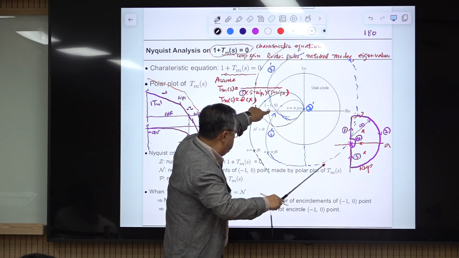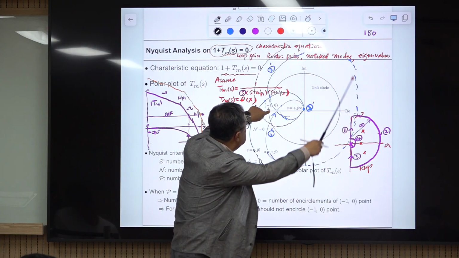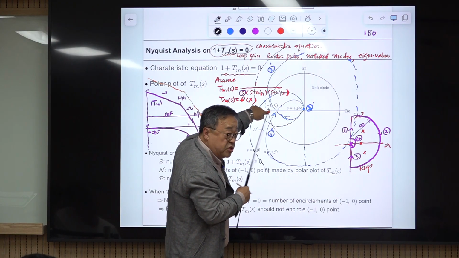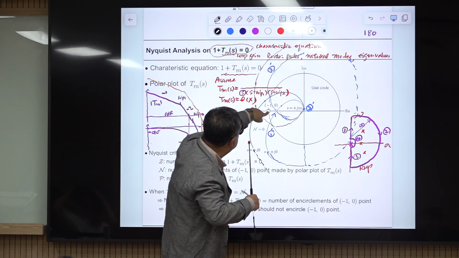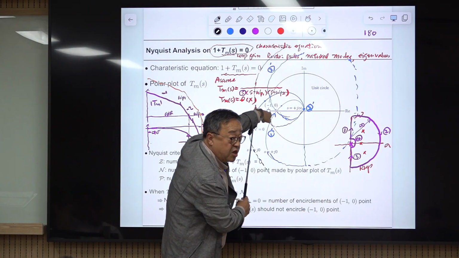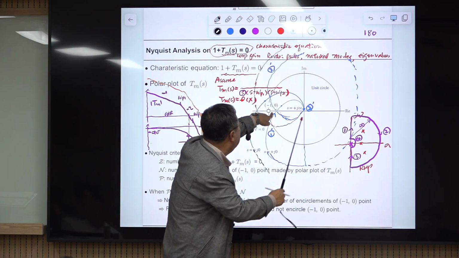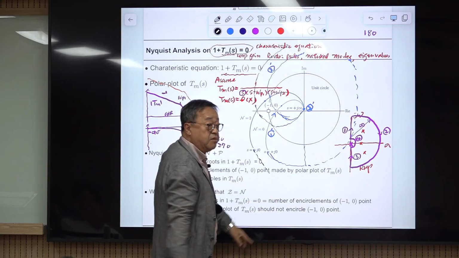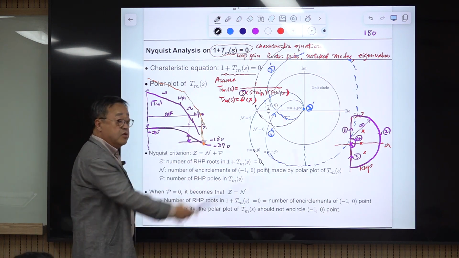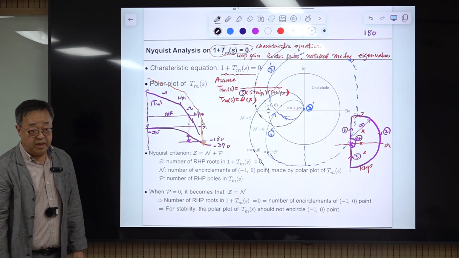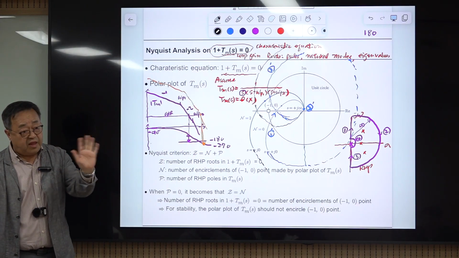You are not encircling this, there is no problem. You don't encircle my finger, but now you go like this. Then you should break my finger once, twice. That means there are two RHP roots in this equation. So the system is unstable. Whether it is 1 or 2 doesn't matter.